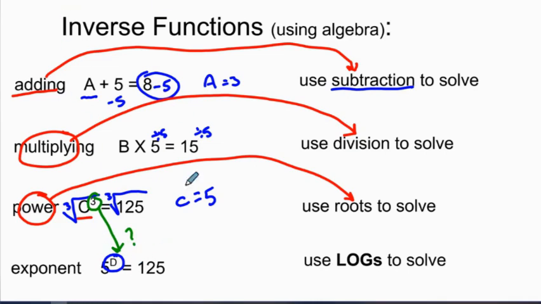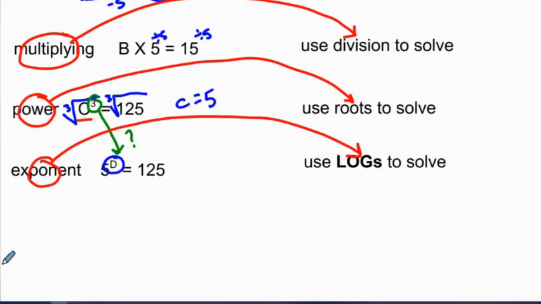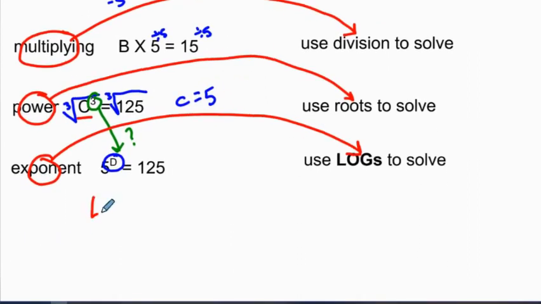When you are trying to find the exponent, you do the opposite function. The opposite function is a logarithmic function. So to solve this, you would say the log of this, okay? And you would find that the log of 125 base 5, you would find that D is 3.